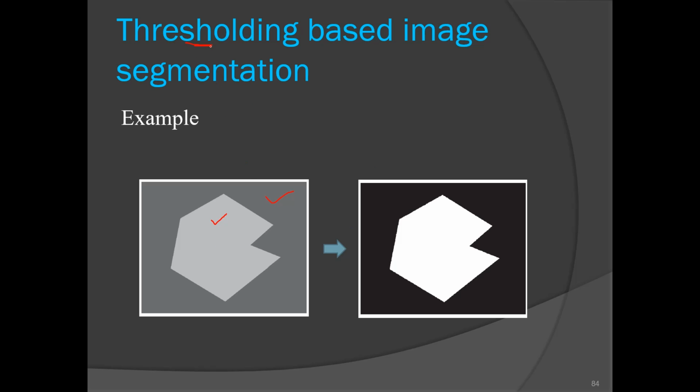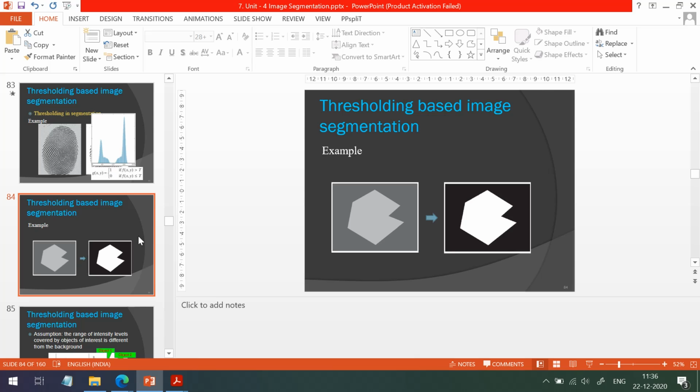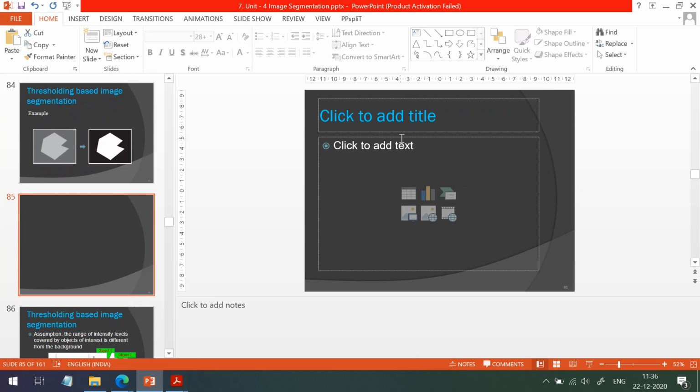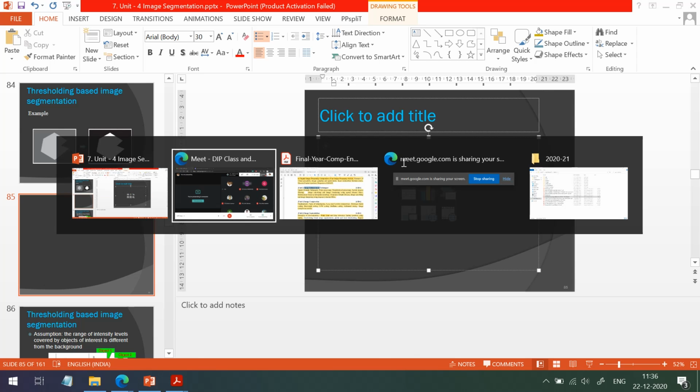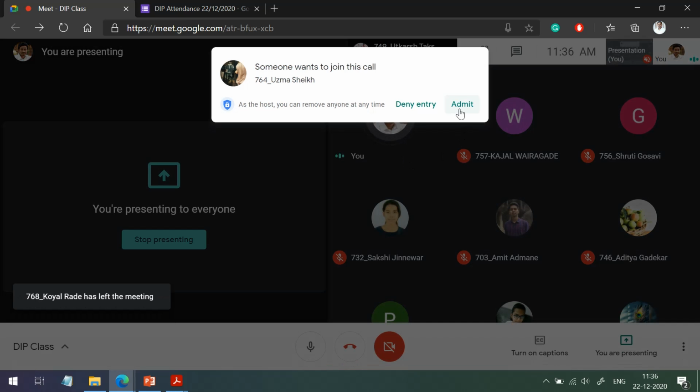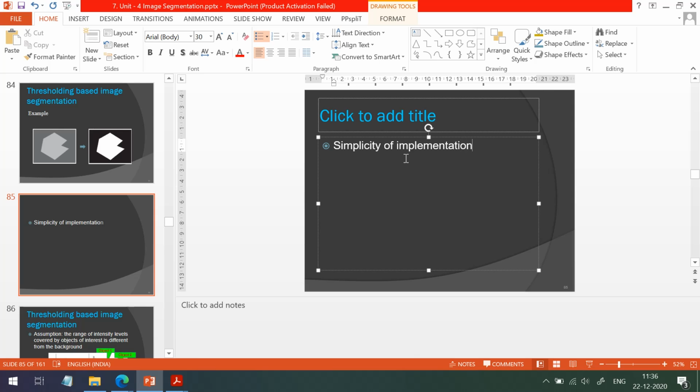And why are we interested in the thresholding operation? Let me write it down. We are interested in the thresholding operation because of two reasons. First one is the simplicity of implementation, and the second reason is the computational speed.